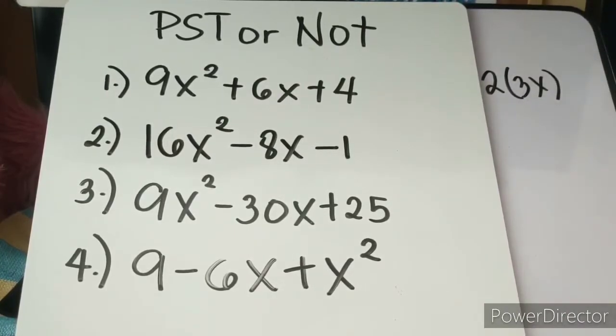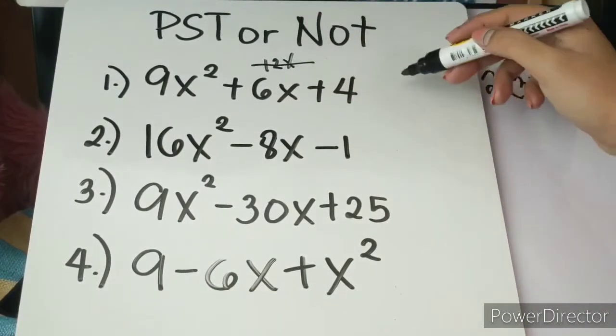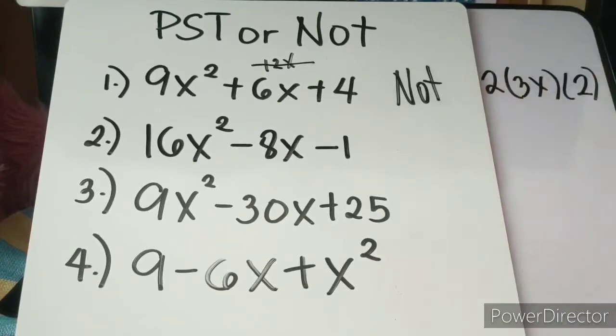And then, ano ba yung square root ng third term natin? 2. So, 2 times 3x is 6x times 2 is 12x. So, dapat po yan 12x. At dahil hindi naman po 12x, so this is not a PST.